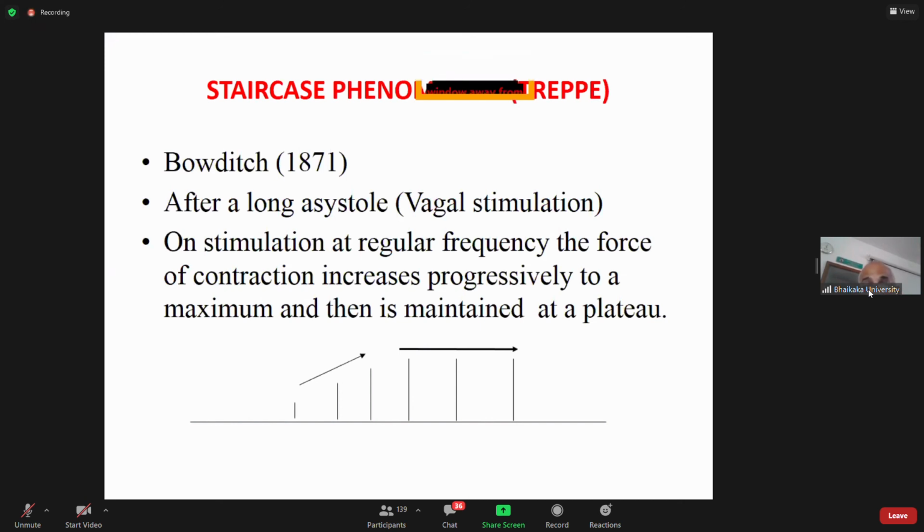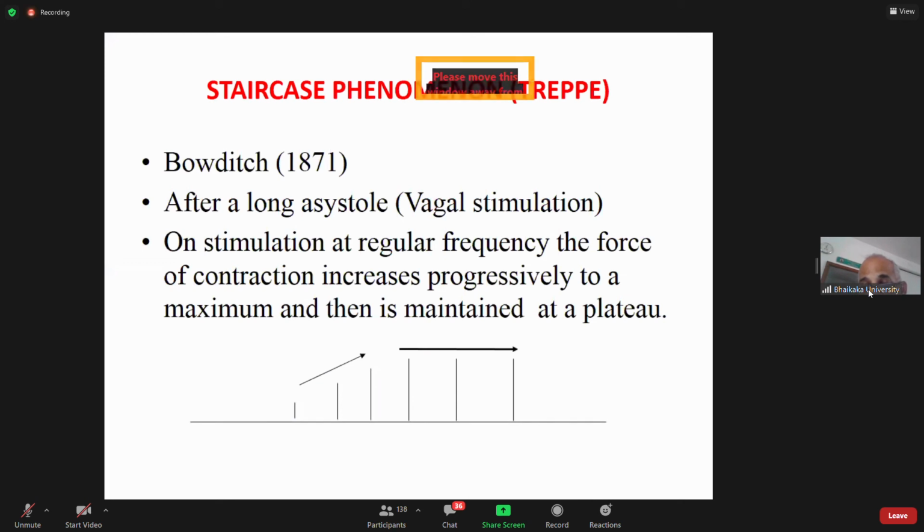This phenomenon is observed in animal experiments, when you have an asystole, if you stop the heartbeat, and after asystole you again increase the force of stimulation.